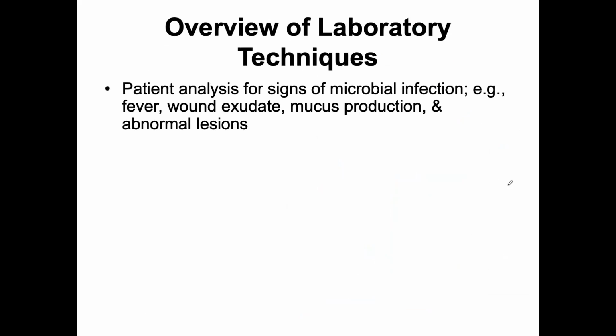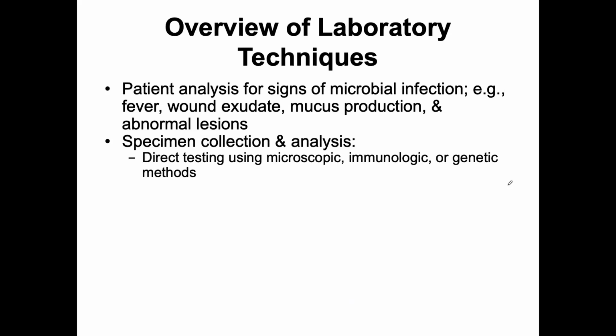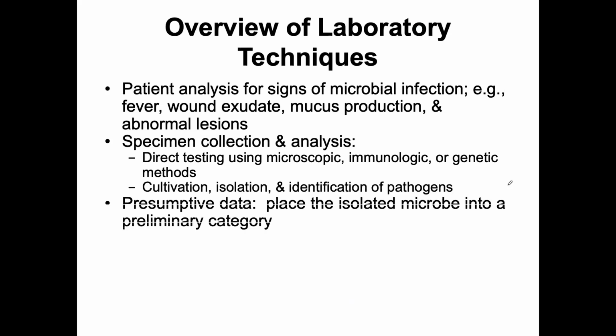Patient analysis for signs of infection include things like fever and mucus production. In collection and analysis of the specimen, direct testing using microscopic, immunologic, or genetic methods is beneficial. Cultivation, isolation, and ID of pathogens generally follows.